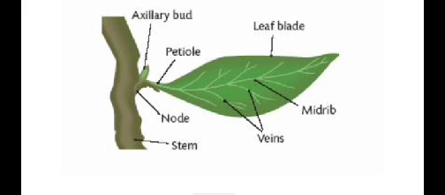But when the midrib makes branches on both sides of the leaf towards the blades, as I've already said, the blade is the edge of the leaf. So when the midrib forms branches, the ends of those branches are veins, and the main vein is called the midrib. The main vein of the leaf is called the midrib.